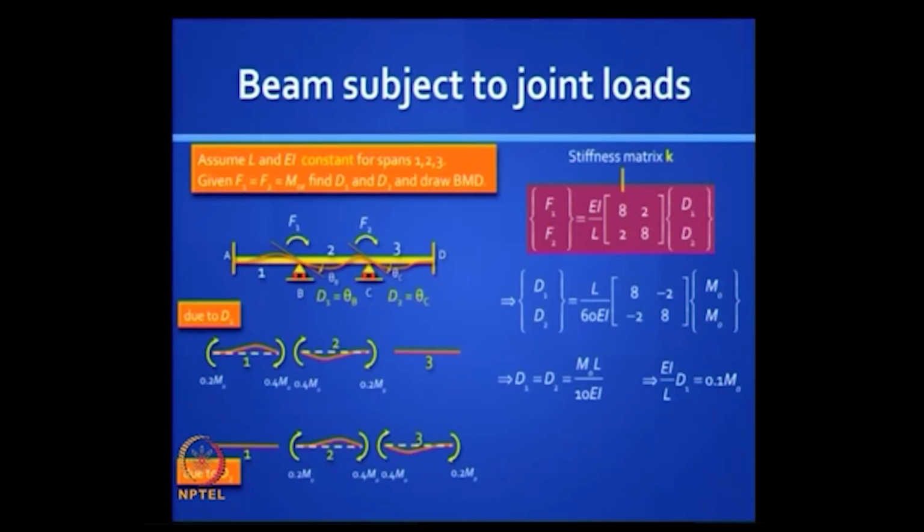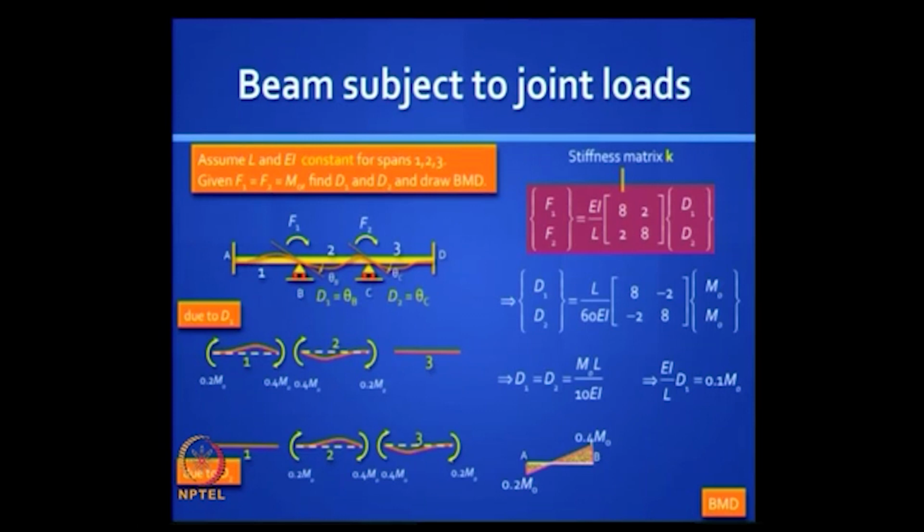How can it be? Look at this free body. Look at the free body due to D1. You agree? At this junction you got 0.4 M naught, right? This is what you get.